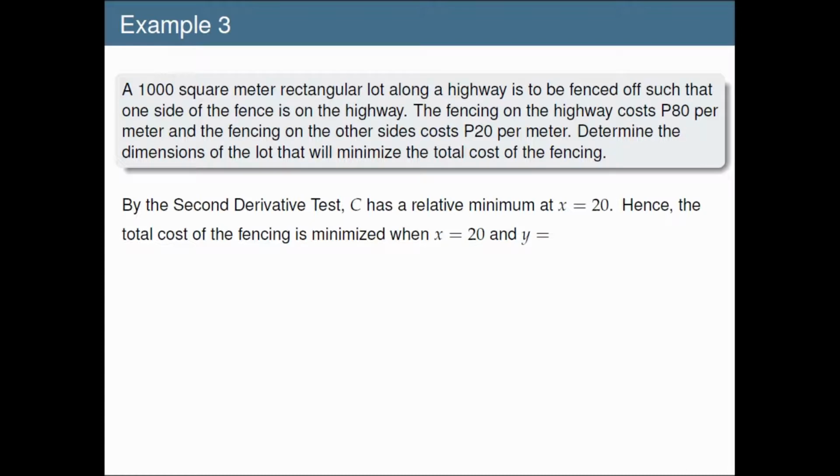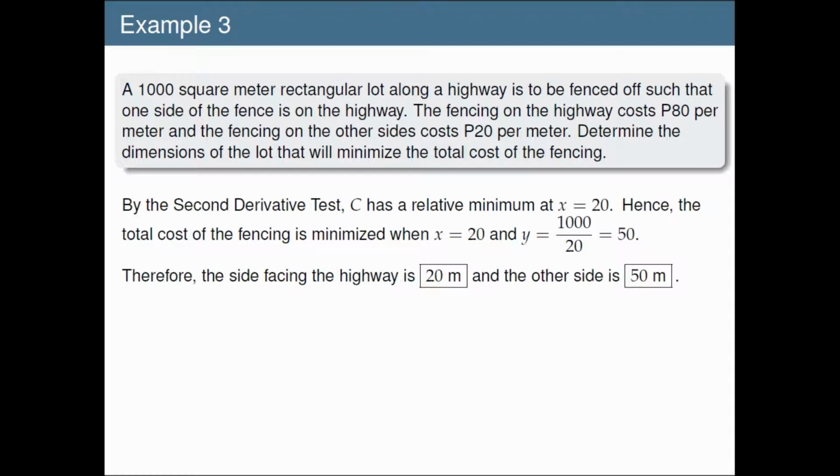Tapos yung y dito is 1,000 over 20, which is 50. So the dimensions of the lot will be 20 meters and 50 meters. Yung 20 meters, yun yung side facing the highway, and 50 meters will be the other side.